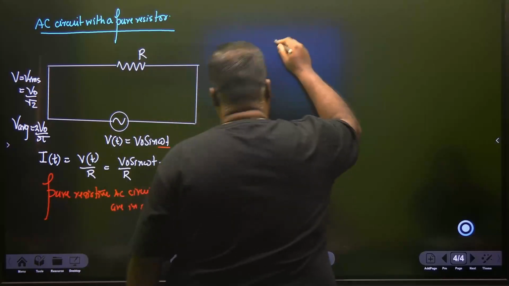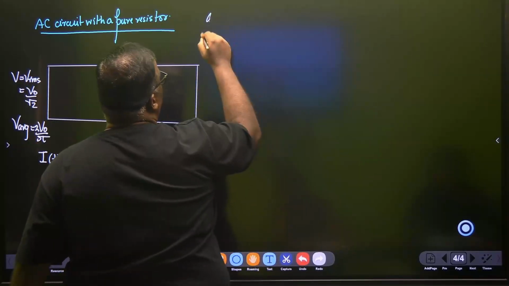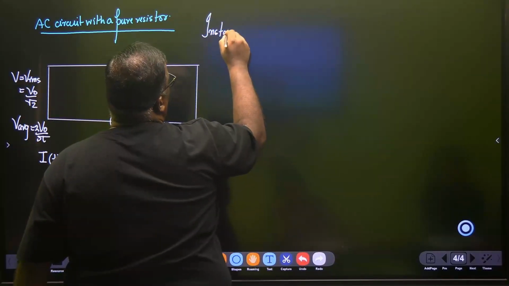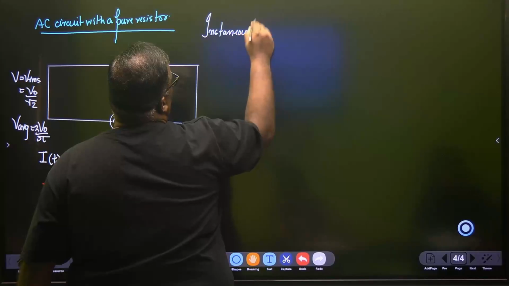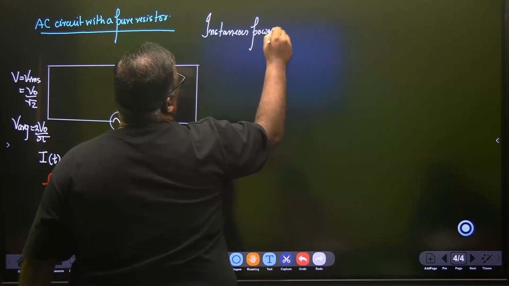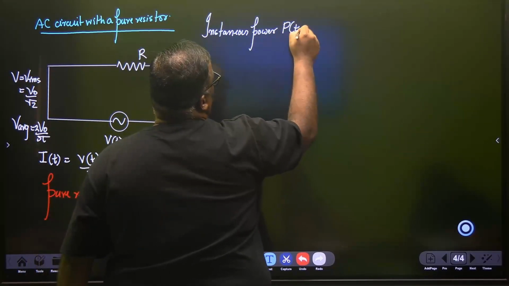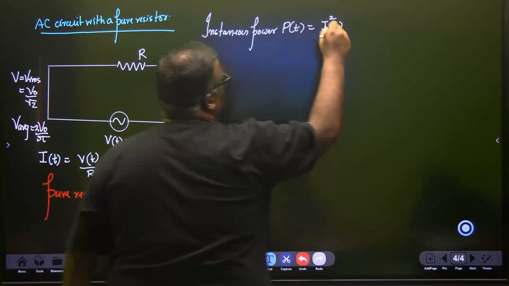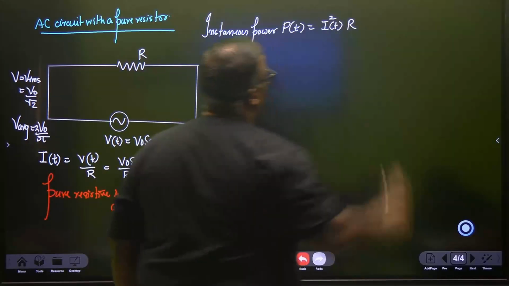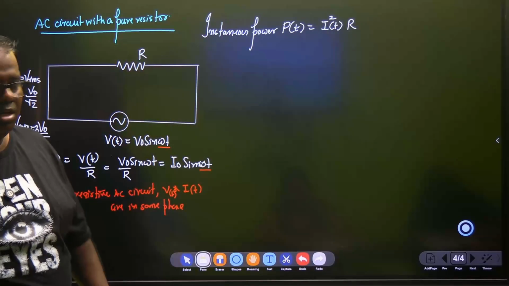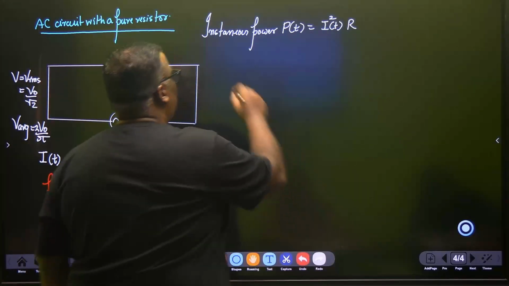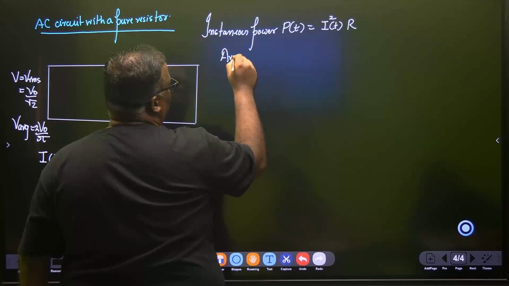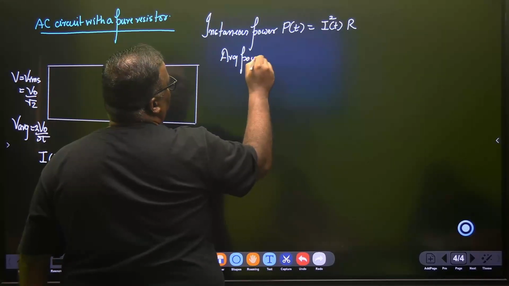So let us write instantaneous power, which is the power at any time t, given by the instantaneous current square into the resistance, I square R. Clear? Now, if you want to find out average power, then what do you do?